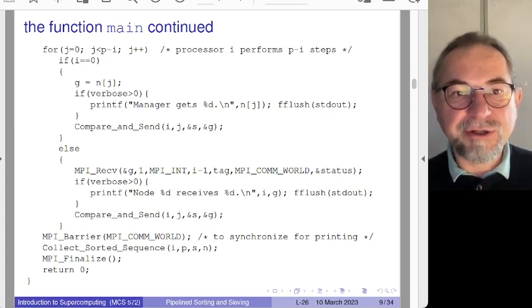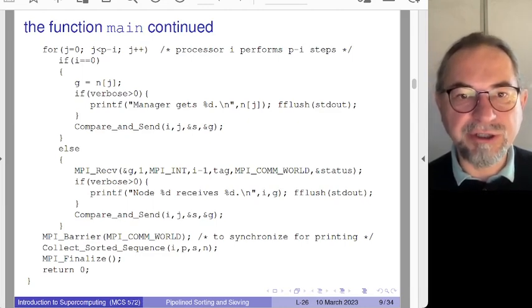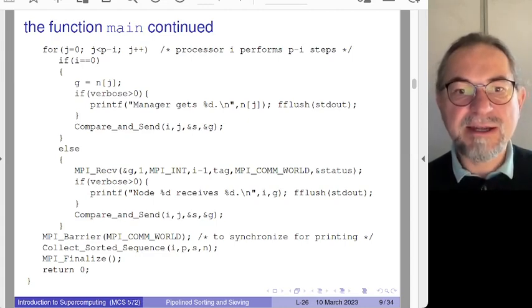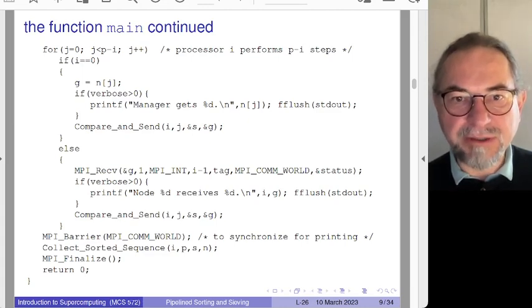So the manager will pretend that the jth number is the received number. That's the first assignment. And then it will invoke the compare and send the number through. The j in the compare and send, that second index, is mainly for printing purposes.